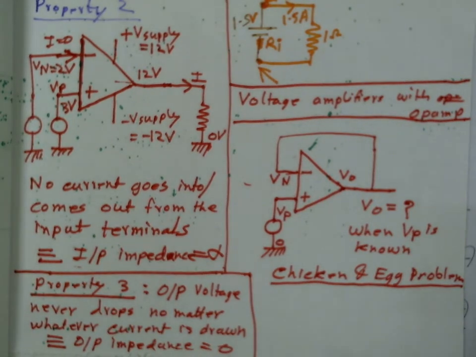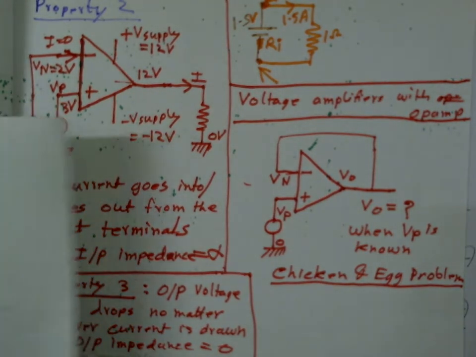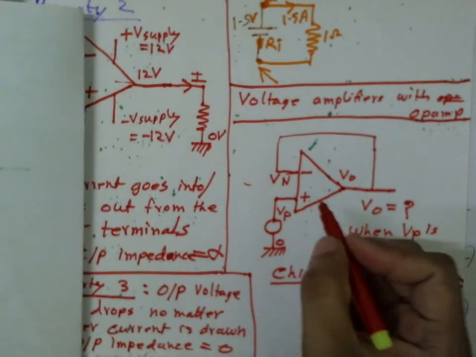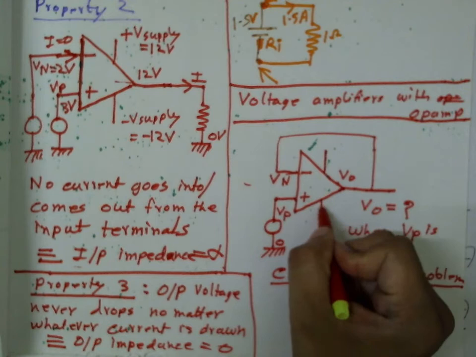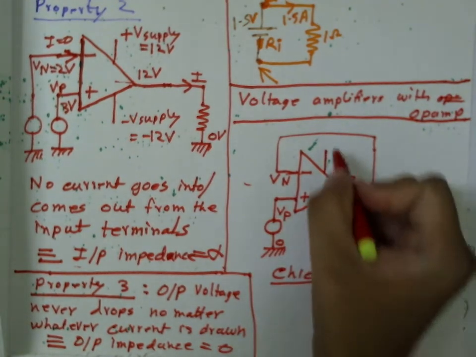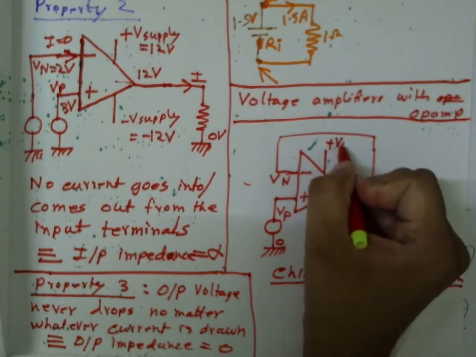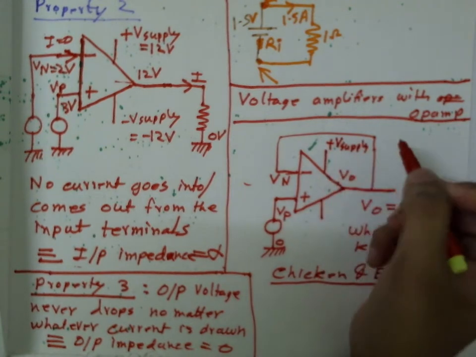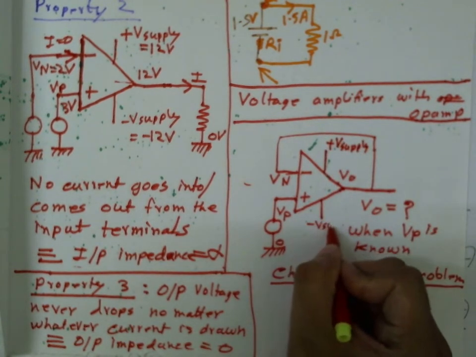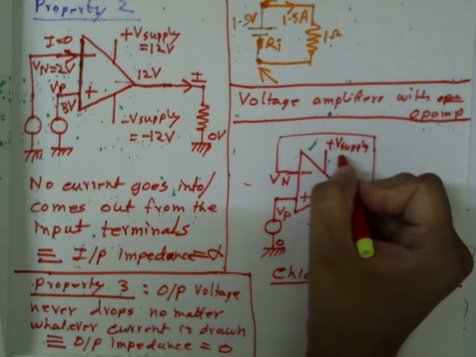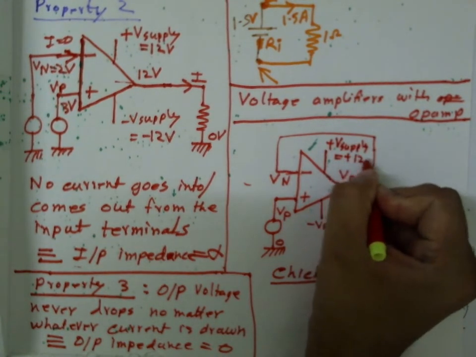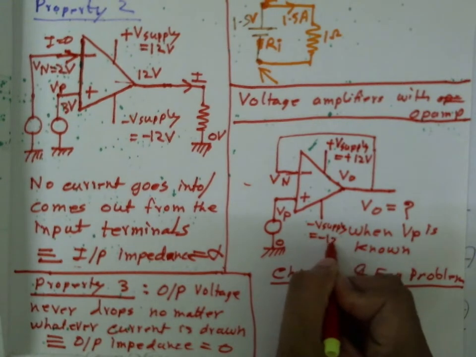Okay, so let's solve this problem. Let me also draw before that the two power supplies, plus V supply and minus V supply. Okay, to make it more concrete, let's take this as plus 12 volt, let's take this as minus 12 volt.